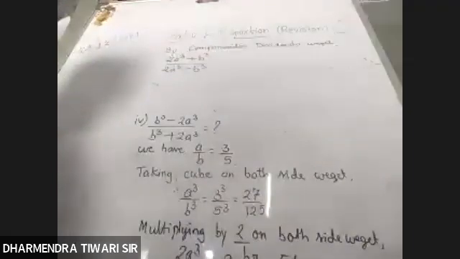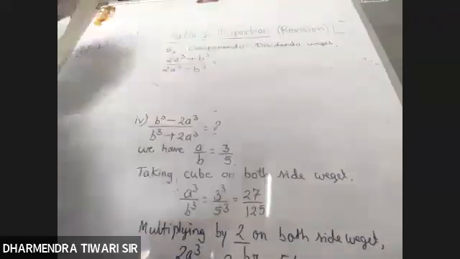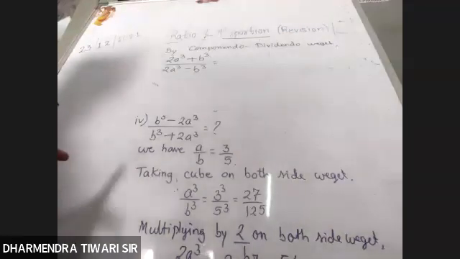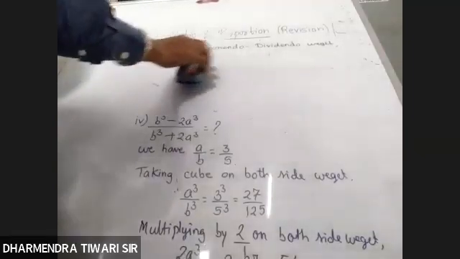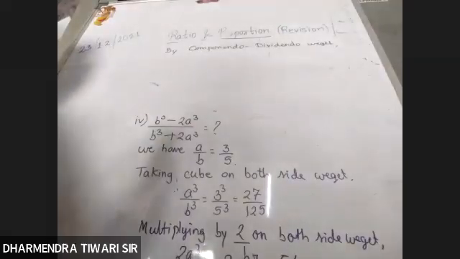Componendo says addition in numerator and subtraction in denominator. But our requirement is of b cube minus 2a cube. So what we need to do, we need to apply invertendo first, or else it will create an opposite sign. You will get a wrong term. We will get 2a cube, but our demand is of b cube, so this will not work.